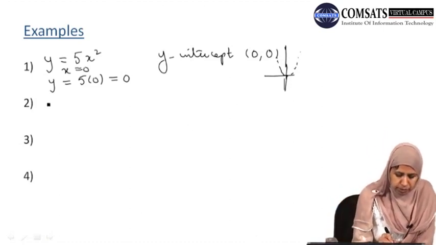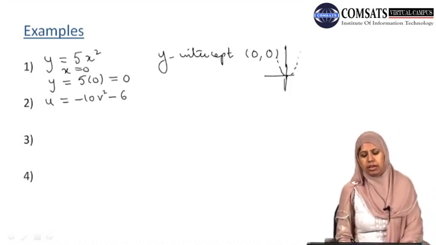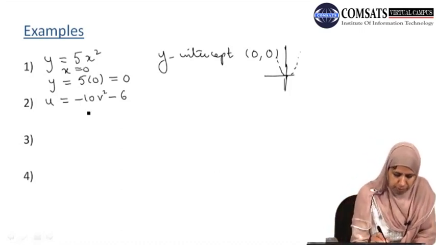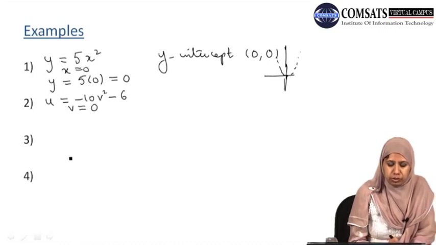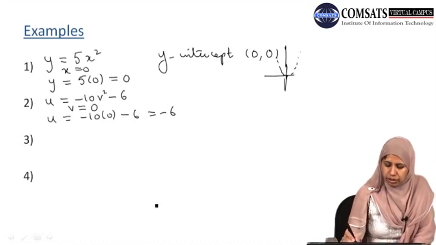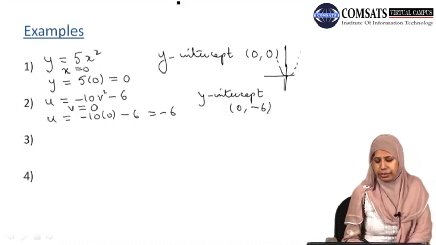Our second example was u is equals to minus 10v square minus 6, and we want to find the y-intercept of this quadratic function. Simple procedure, simply put v equals to 0 and solve for u. We obtain minus 10 into 0 minus 6, which is minus 6. So the y-intercept in this case is the point 0 and minus 6.